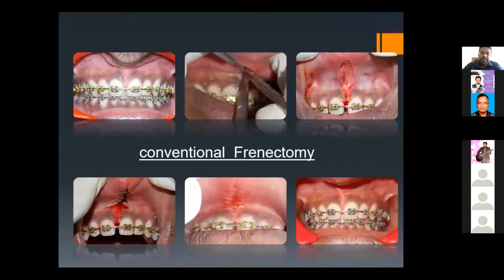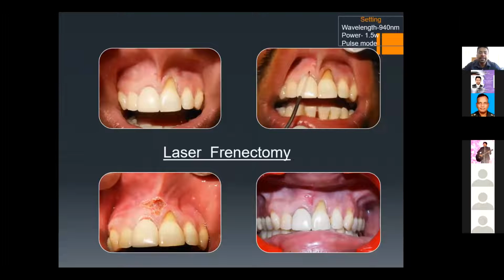So in such cases, laser will be a good option, and with lasers we can do the same procedure without any sutures. Okay, so this is a case of laser frenectomy where we have performed the procedure with the help of lasers. This is a pre-operative photograph, and in the post-operative photograph you can see beautiful healing over here. This recession was covered with a connective tissue graft later on.